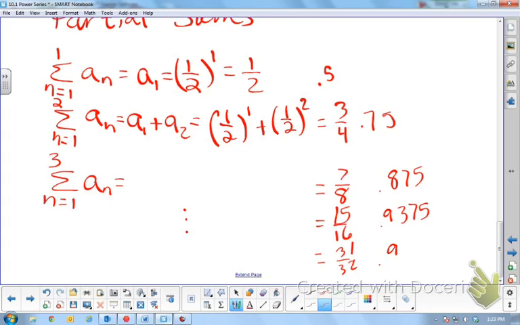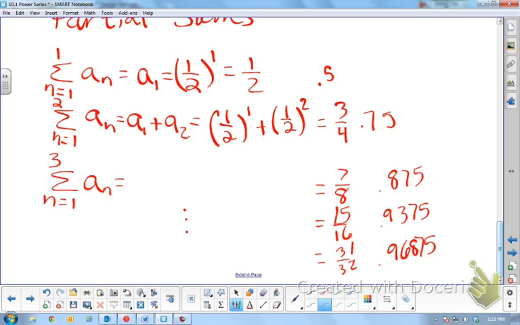I think when we did 31/32, it was 0.96875. That was close. That's pretty good memory. And eventually we got to the point where it's 0.9, 0.99, 0.999, 0.99999. So this itself also converges.